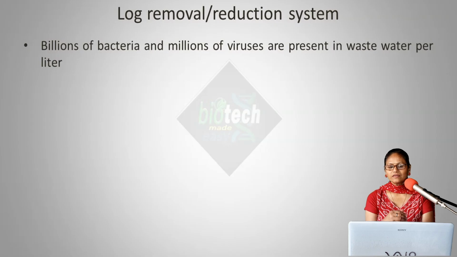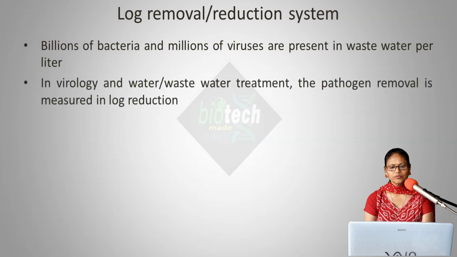In wastewater, there are many bacteria and viruses. There may be billions of bacteria and millions of viruses per liter of wastewater. So when this huge number of microorganisms are there, they have to be removed. And the pathogen removal is measured in terms of log reduction.